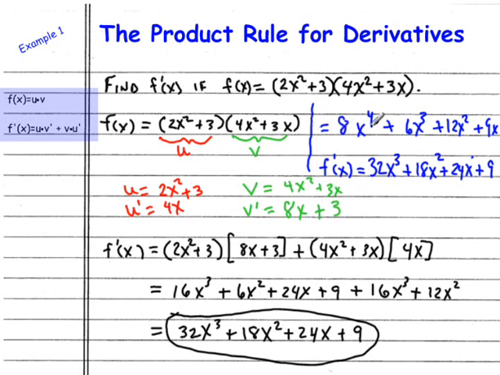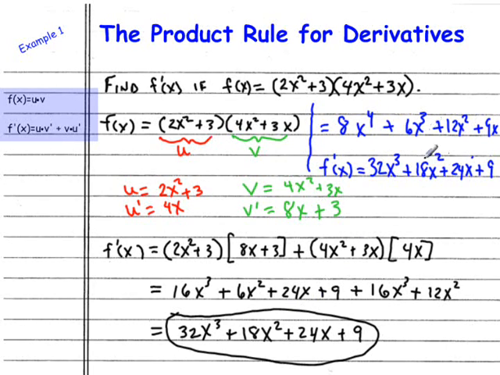And once we recognize that this is the function f, then we could have very easily found the derivative of this polynomial by using just our normal polynomial differentiation. 4 times 8 is 32, x to a power 1 less than 4, of course that's x cubed. 3 times 6, 18, x to a power 1 less than 3, of course that's 2. 2 times 12, 24, x to the first power, and finally when we take the derivative of 9x, remember we just get 9. So you notice that we have exactly the same results.